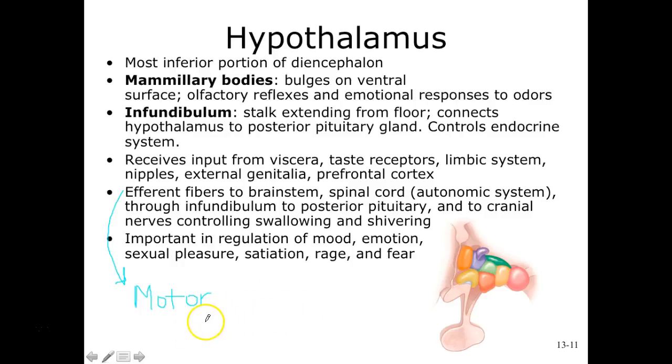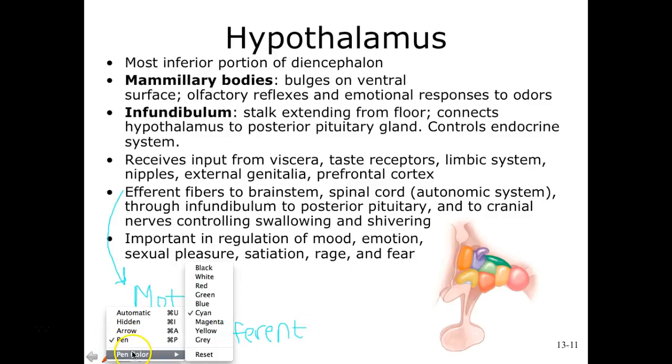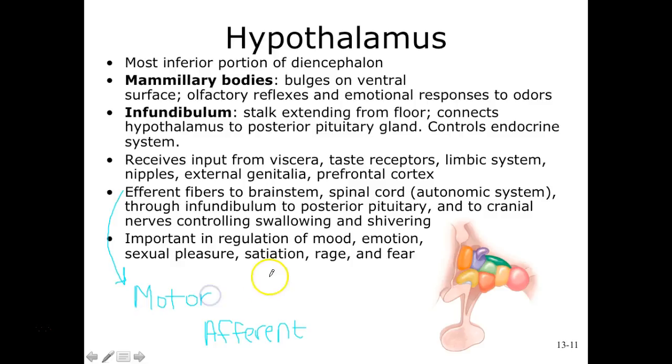Whenever you see the word afferent, I just need to mention this real quick so there's no confusion. Afferent always means sensory. So efferent and afferent are two different terms. And the way you're going to remember this is by remembering the word SAME.